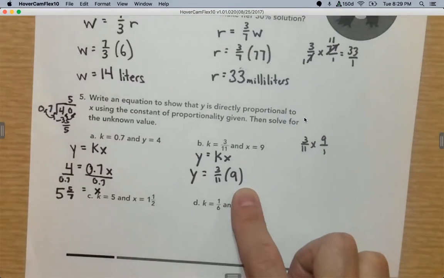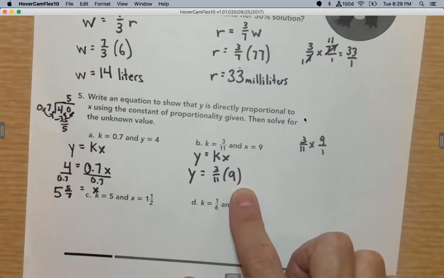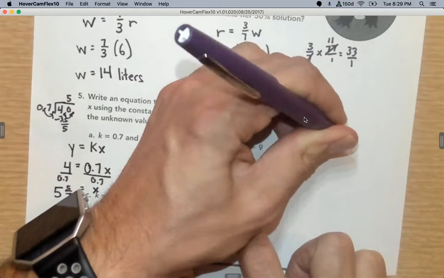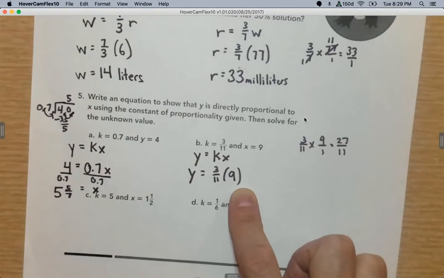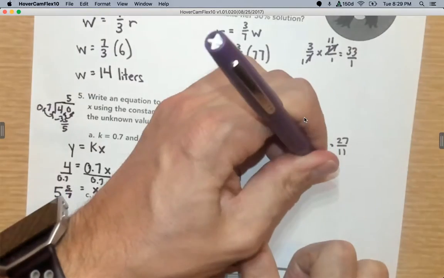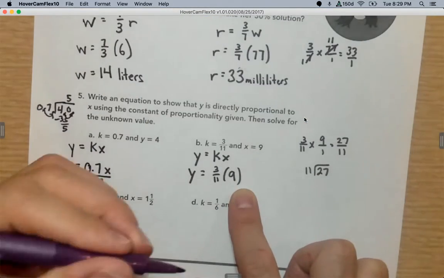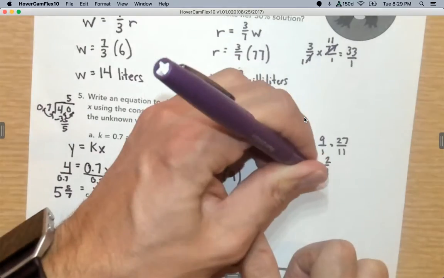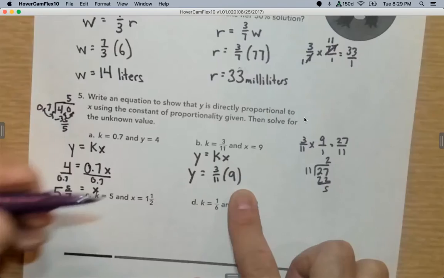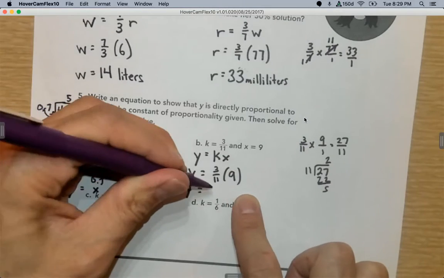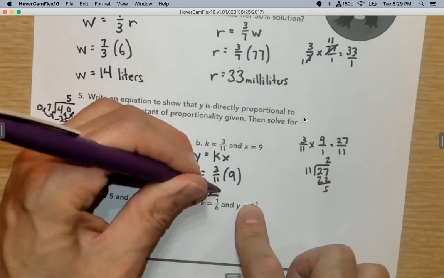I can't reduce, so I would get 27 on the top over 11. Numerator divided by denominator, 27 divided by 11 gives me 2. Gives me an answer of y is equal to 2 and 5/11.